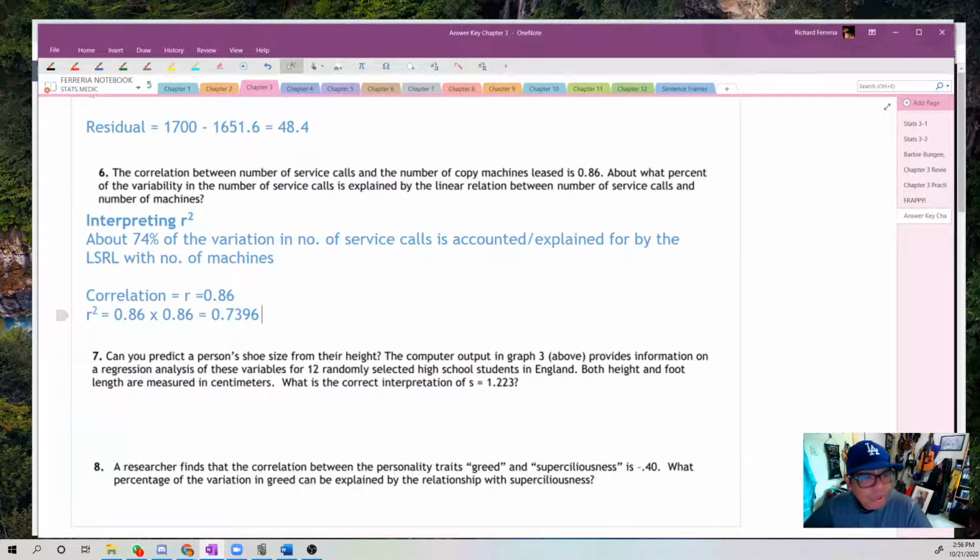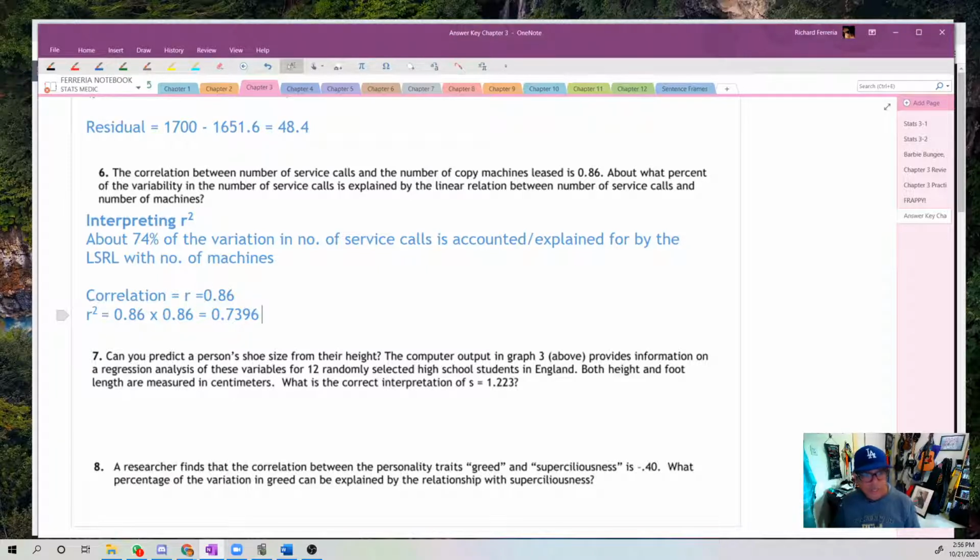Can you predict a person's shoe size from their height? Well, a computer output from graph 3 above provides information on the regression analysis for these variables for 12 randomly selected high school students in England. Both height and foot measurements are in centimeters.